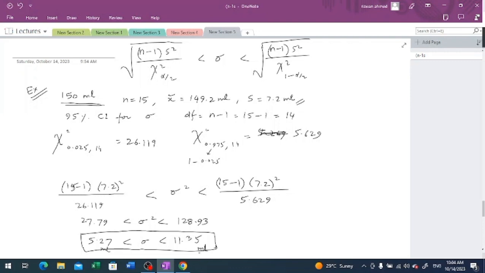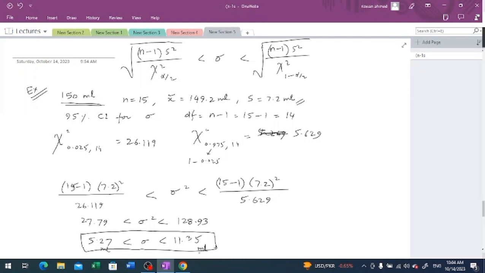So to cover that risk, manufacturers or suppliers always claim some value regarding standard deviation and manage to control it. Otherwise, the machine needs a repair if it is giving a standard deviation much higher than the standard limit. So let's suppose the manufacturer has set the standard of 5 ml, that it should not exceed 5 ml.